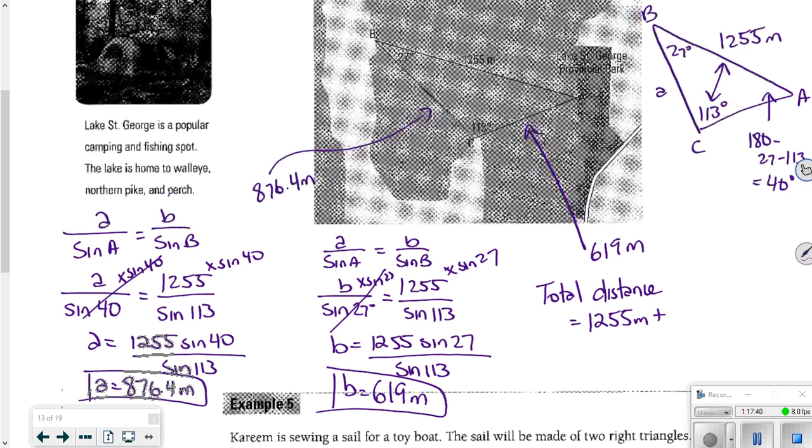B to C is 876.4 meters. And then C back to A is 619 meters. So if we add all three of those up, we get 2,750.4 meters total.